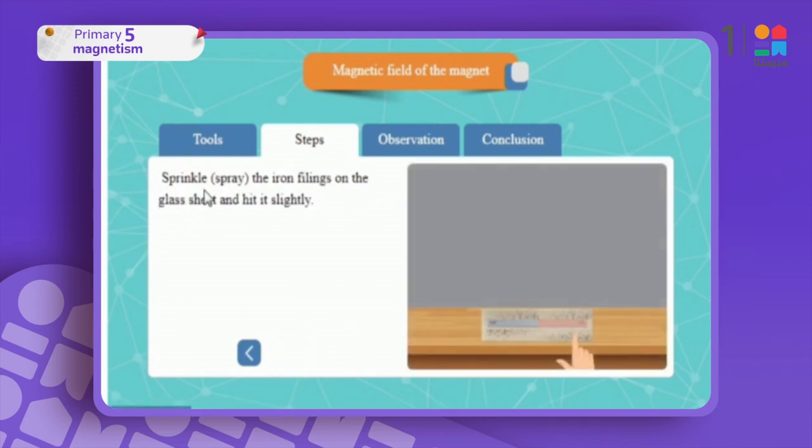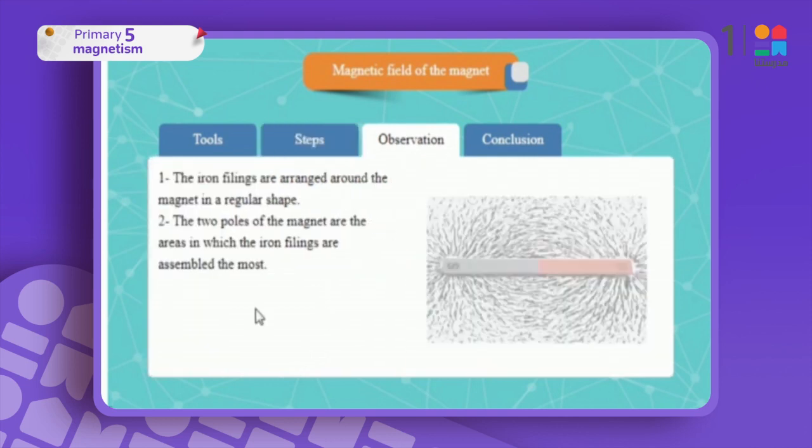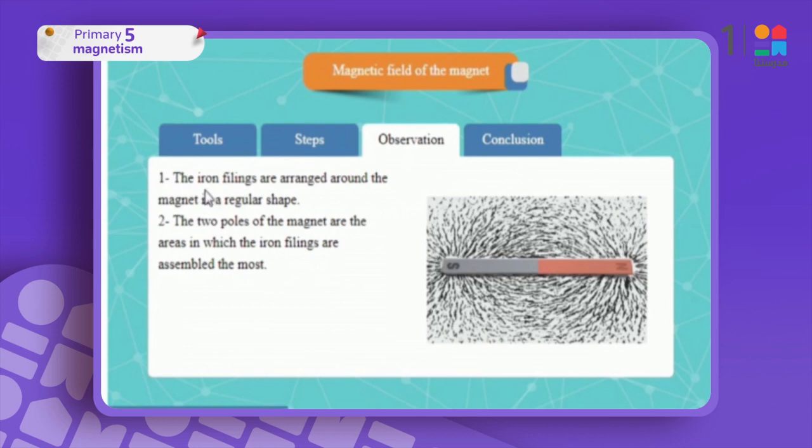After that, sprinkle the iron fillings on the glass sheet and hit it slightly. After hitting the glass sheet slightly, we can observe that the iron fillings are arranged around the magnet in a regular shape, and that the 2 poles of the magnet are the areas in which the iron fillings assemble the most.